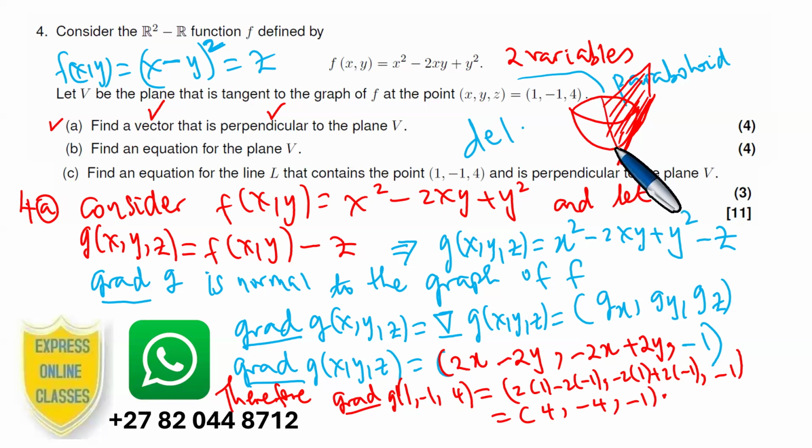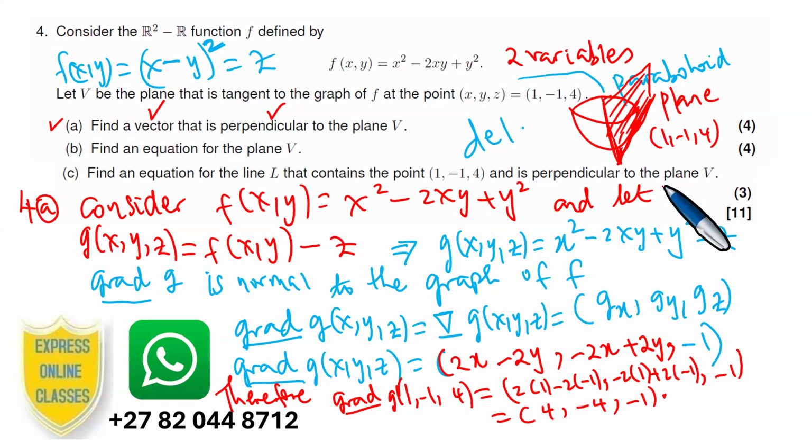A plane is a two-dimensional formation. It is tangent to the paraboloid and touches at one point, (1, -1, 4), and this is the plane, like so.